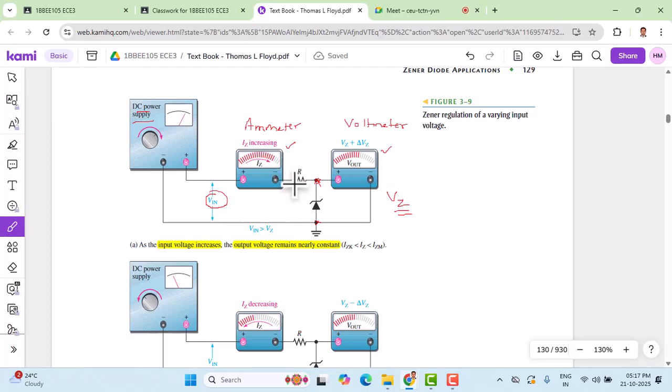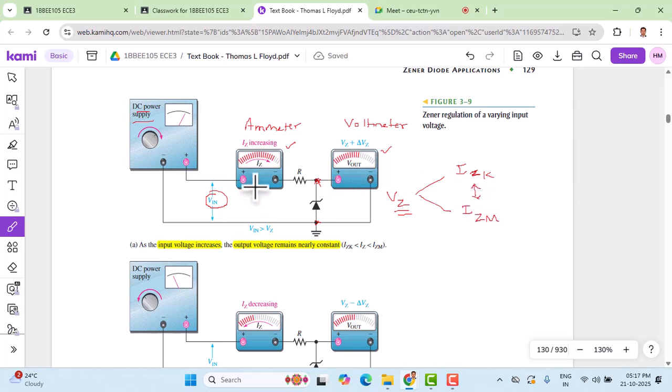IZK and IZM, as we mentioned in the previous class: below the lower current IZK, the Zener diode doesn't perform regulation, and above the upper limit IZM, it also doesn't perform regulation. Only within these two limits does the Zener diode perform its regulation.